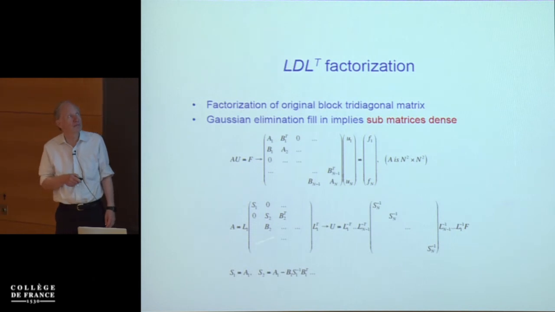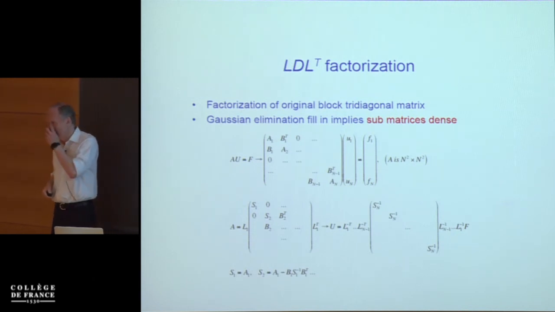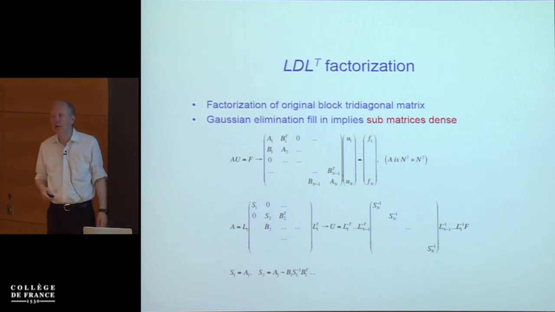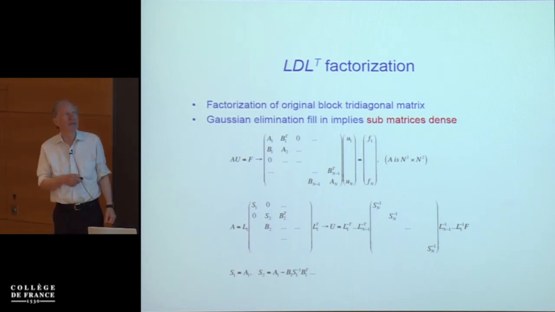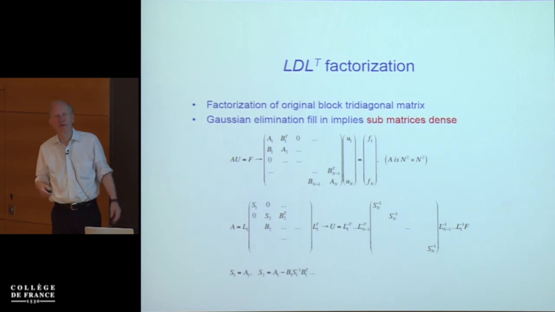Not over here, but you get fill-in in these blocks, and that means the work will not be order n. It will be n to a power depending on the dimension, n squared, for example, in 3D. In the end, these would be filled up, and also the L blocks would be filled up. So then you lose. You cannot expect that you can use the Gaussian elimination as a way.